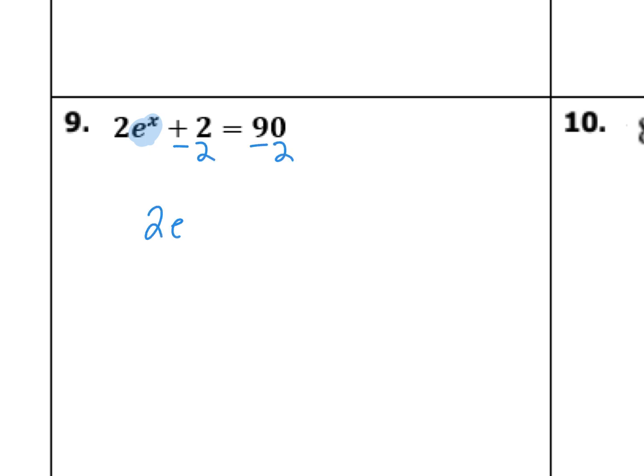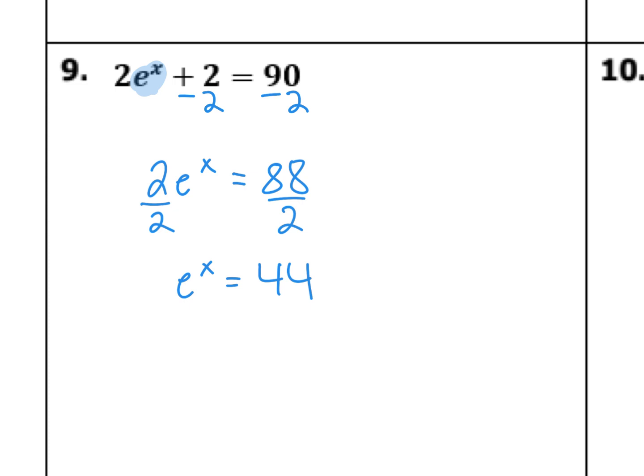So 2e to the x equals 90 minus 2. 88. Okay. Then what? Divide by 2. Okay. So e to the x equals 44.